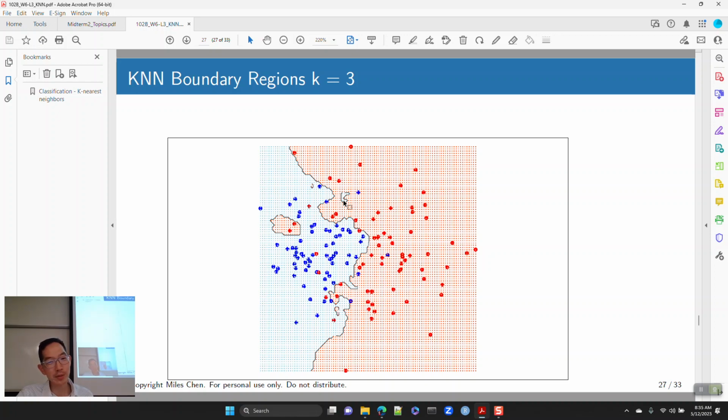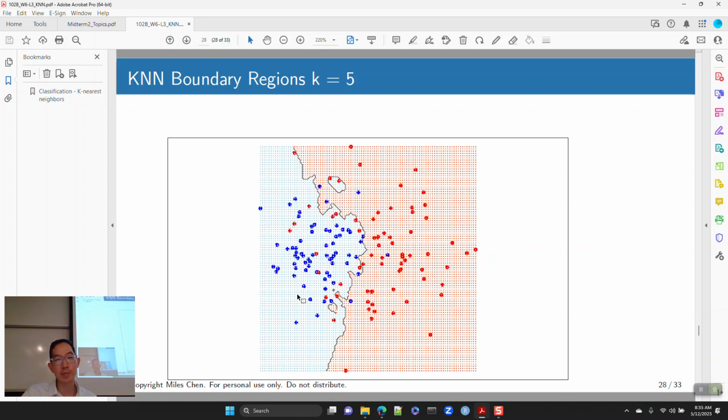So you still get a little bit of weirdness, but overall, the border between k equal to 1 and k equal to 3 is, again, less influenced by individual points, right? These blue dots that have gone out into red territory don't get their territory, and these red dots don't really get either. There's not a whole lot of blue presence over here, so these 2 dots actually get to hold on to a little bit of space over here.